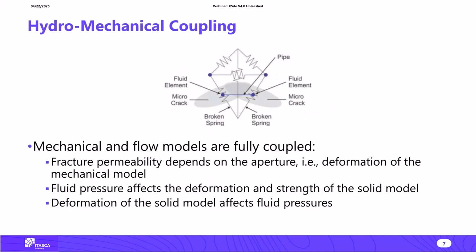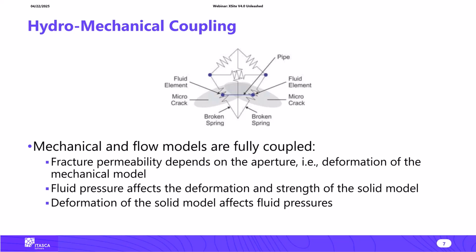Now, the lattice resolves and models the mechanics, deformation, and the damage of the rock. But for simulation of hydraulic fracturing, another important component is the model for fluid flow. And the model for fluid flow is directly related to the mechanical model, or the lattice.